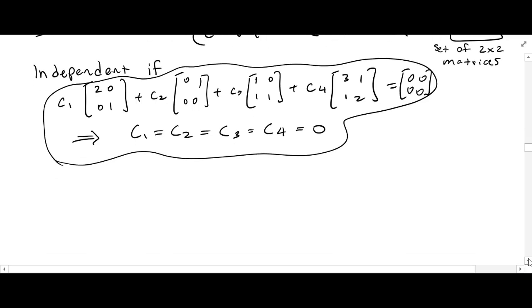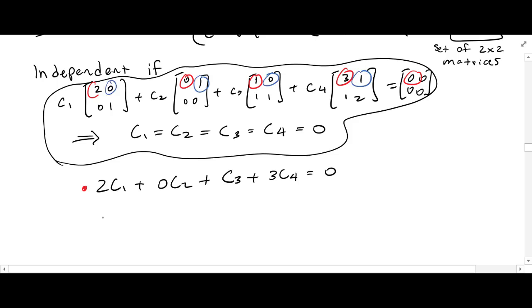So if you write out a system of equations for the first component in each matrix, we'll get a single equation for that first component. So we'll get 2c1 plus 0c2 plus c3 plus 3c4 equals 0. And then for the second entry, we'll get 0c1 plus c2 plus 0c3 plus c4 equals 0.